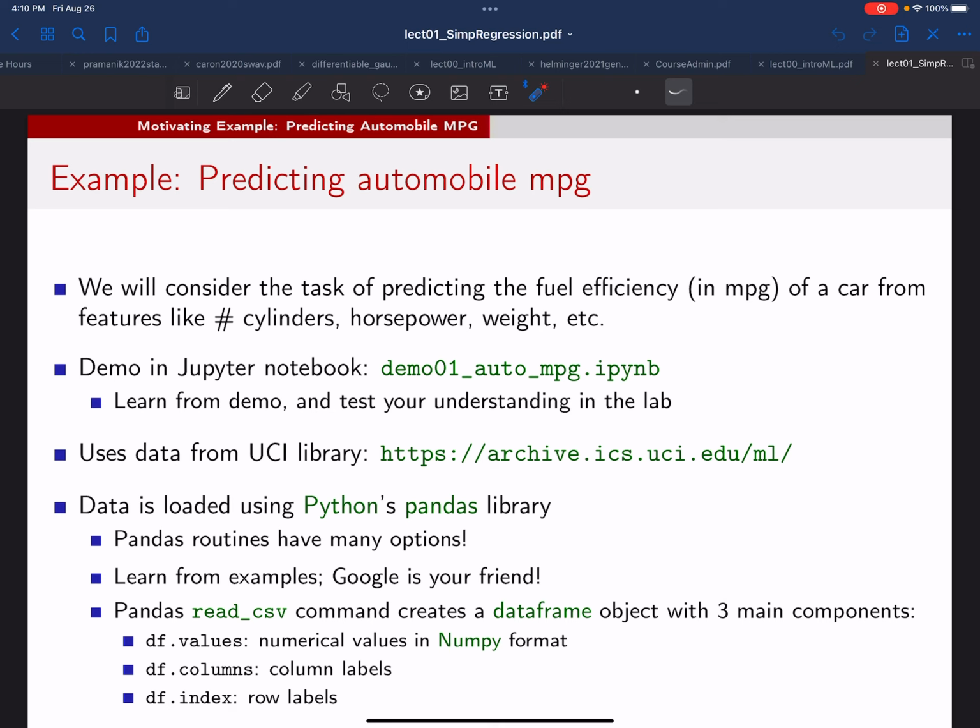And so the problem we're going to construct for ourselves, just for illustration, is we're going to try to predict the fuel economy in miles per gallon of a vehicle from things like number of cylinders, horsepower, weight, etc.